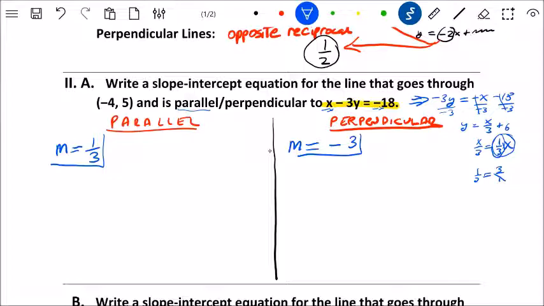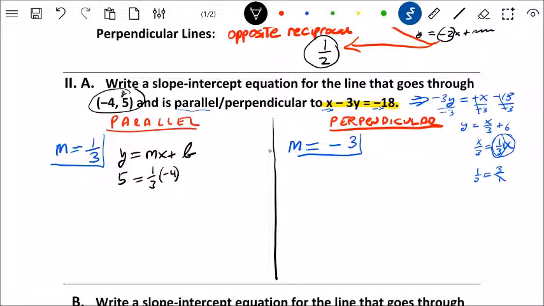Let's start over here with the parallel line. And so I have y equals mx plus b. And I'm going to use this point with its x and its y. The y is 5, so I'll say 5 is equal to 1/3 times negative 4, which is the x, plus b. Now we can continue to work to solve for the b.